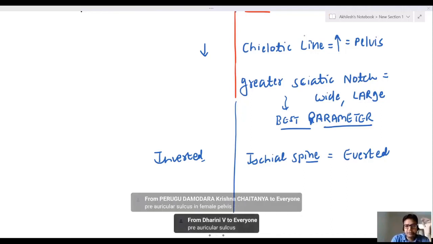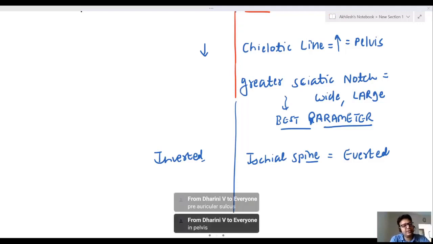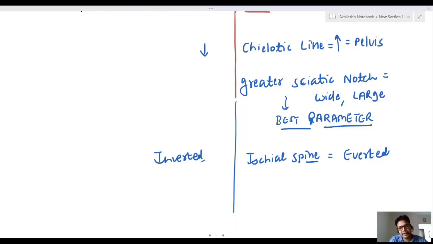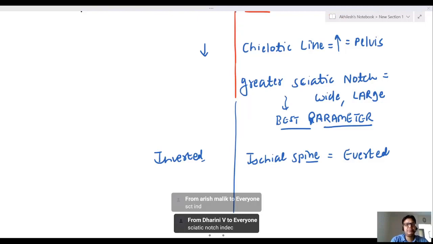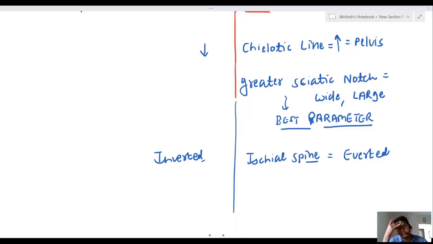Okay. Which is the best bony index to differentiate male and female? Sciatic notch index. Which is the best bony parameter to differentiate male and female? Greater sciatic notch.